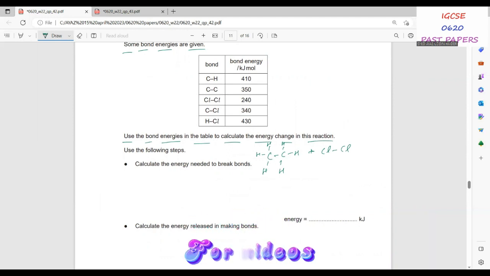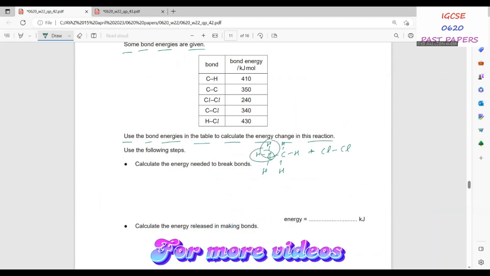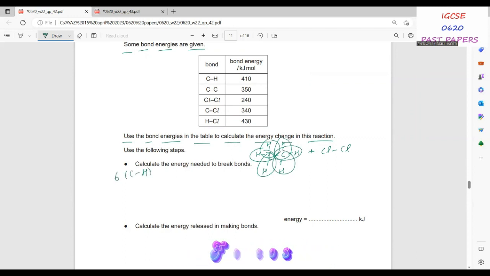We have 6 CH bonds, 1, 2, 3, 4, 5, 6. So we will multiply 6 by 410. And we have 1 Cl-Cl bond, so we have 240. We will add 240 to this.